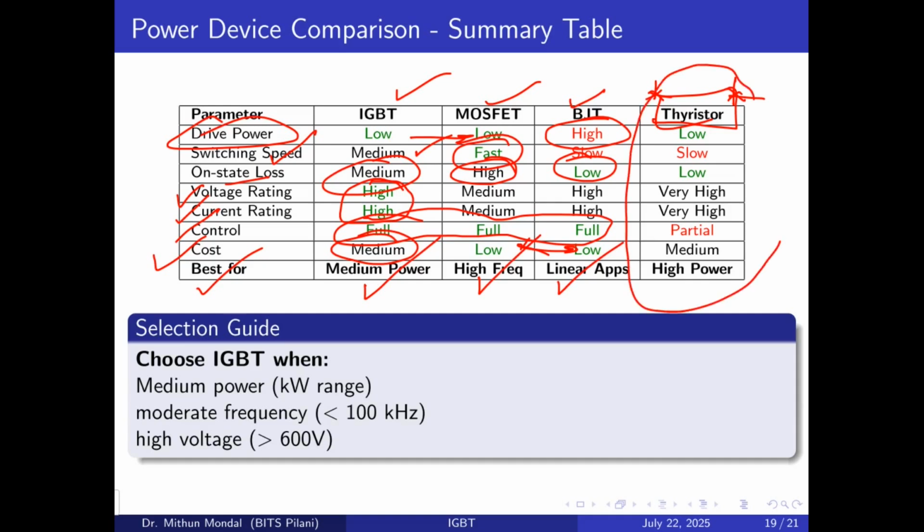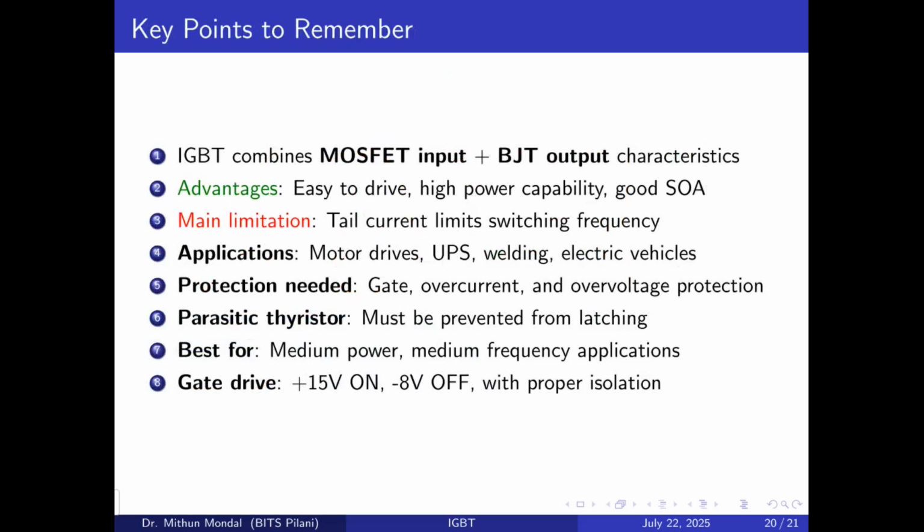Thyristors, again, we will be discussing in great detail. There we will see this advantage, how the thyristor plays an important role as compared to other power semiconductor devices. So the selection guide for IGBT is medium power range, kilowatt, moderate frequency less than 100 kilohertz, and high voltage greater than 600 volt. So there we prefer the IGBT.